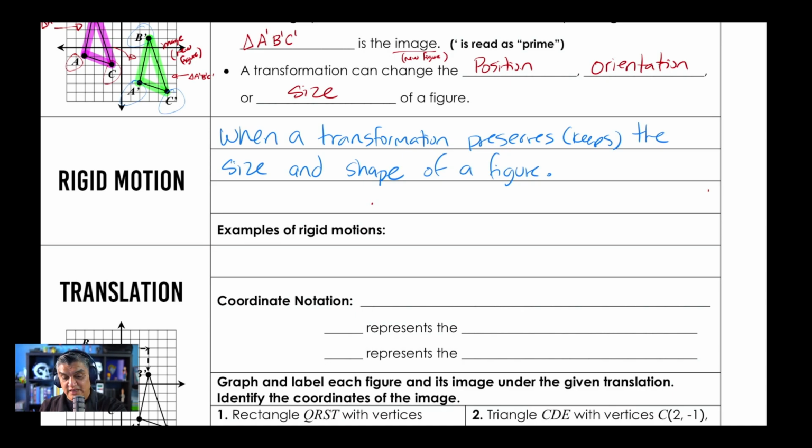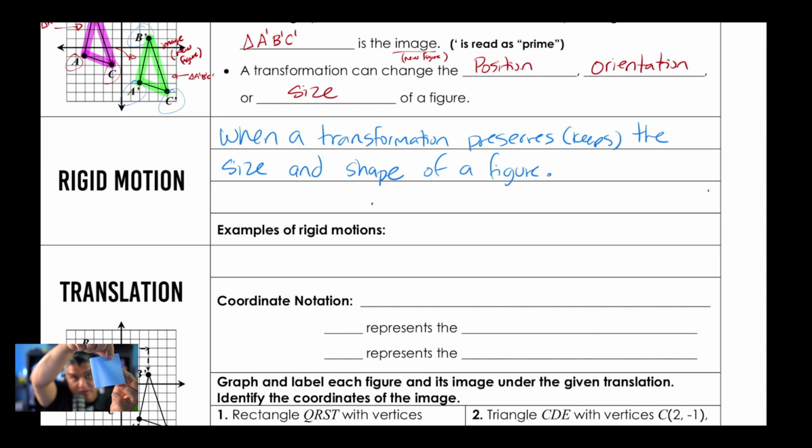Now, what does that mean if we're thinking geometrically and mathematically? Okay, this is a square. This is the original square. And then I move it over here, and this is the new square. These two squares are exactly the same, right?